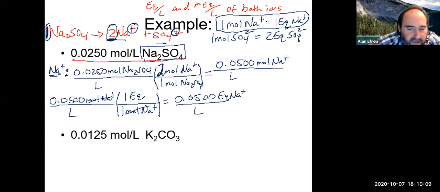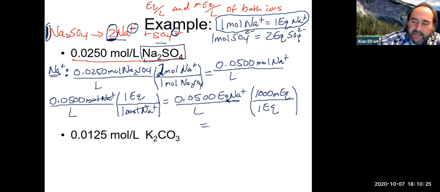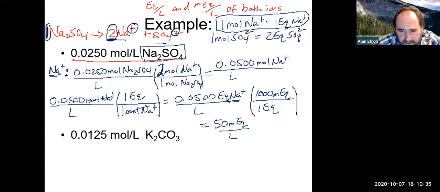And like I said, a lot of times they ask for milliequivalents. So we will do that conversion here. Again, in 1 equivalent, there is 1,000 milliequivalents. And if we do that, the equivalents will cancel, and we will end up with 50 milliequivalents per liter of the sodium ion.